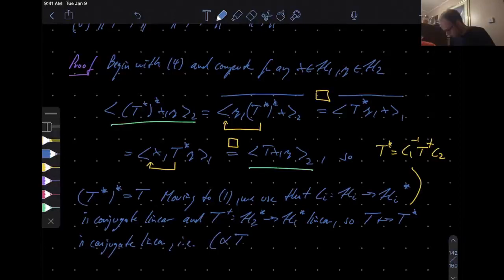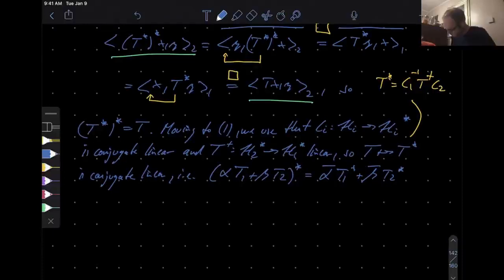Alpha T1 plus beta T2, star. Well, if it were linear, then there would just be alpha T1 star plus beta T2 star, but since it is conjugate linear, I mentioned it before, you have to give the complex conjugate bars here on top. Of course, if the underlying scalar field is the real number field, then there's no need for those bars, but in the complex number field there is.